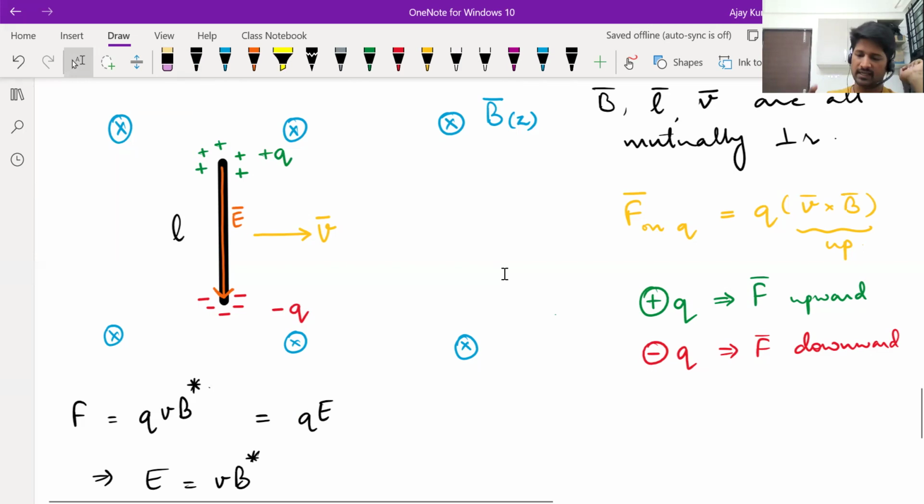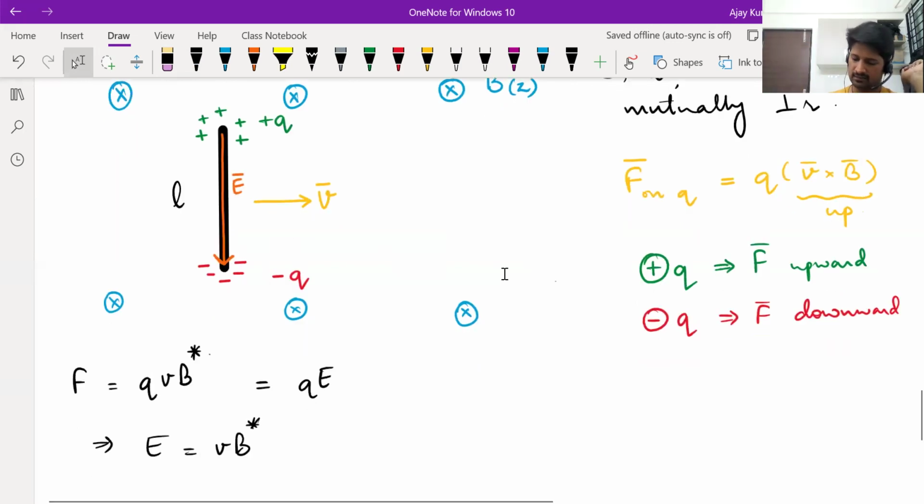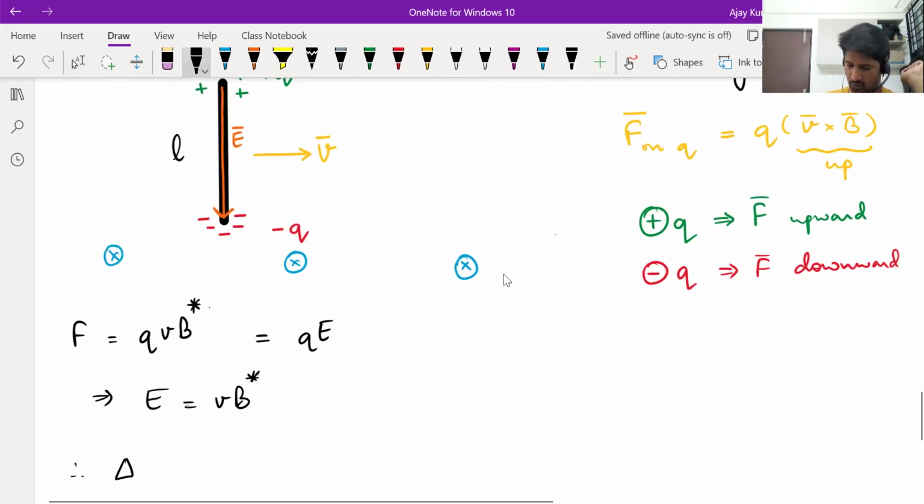And the electric field extends from the topmost point of the rod to the bottommost point of the rod. It extends over the length L. So the potential difference developed across the rod is equal to the electric field multiplied by the length, which becomes VBL, or BVL as most books write it. Okay, but again, this comes with a condition.